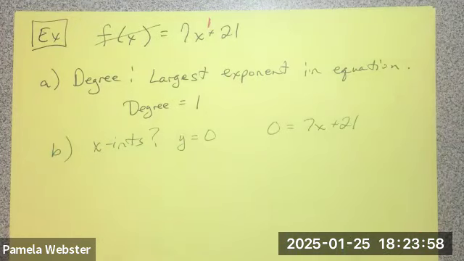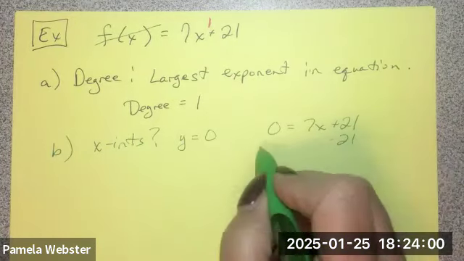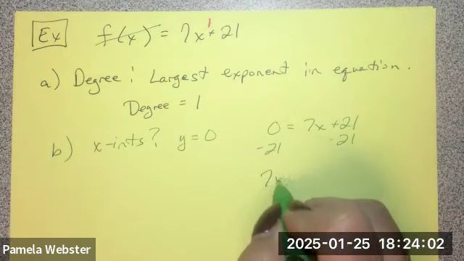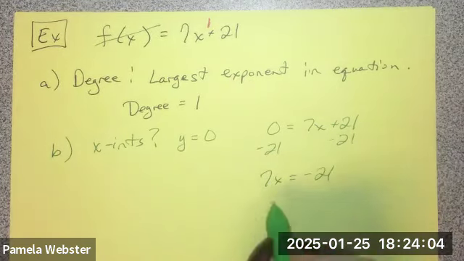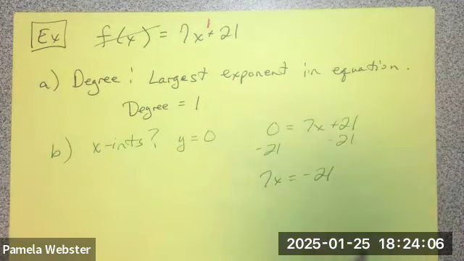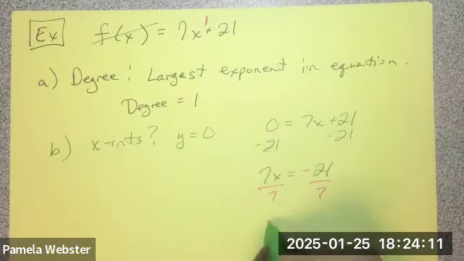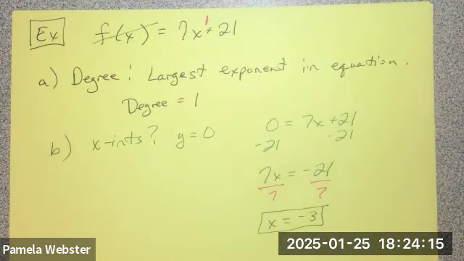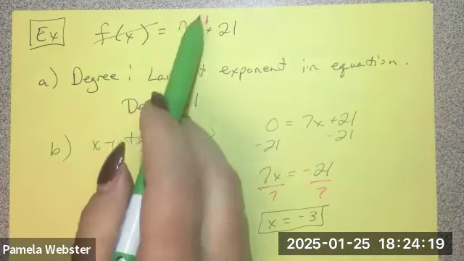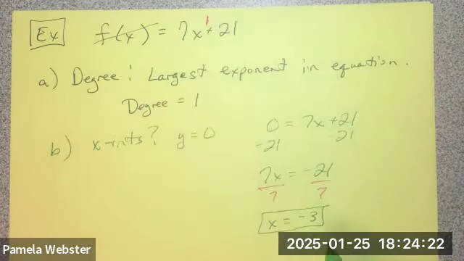Okay, so to solve for x, I'm going to subtract 21. 7x equals negative 21. And then to get that x completely by itself, I divide by 7. And here I go, x equals negative 3. Okay, so I have, remember what we said before, the degree is 1, the most x-intercepts you can have is 1. That matches, right?